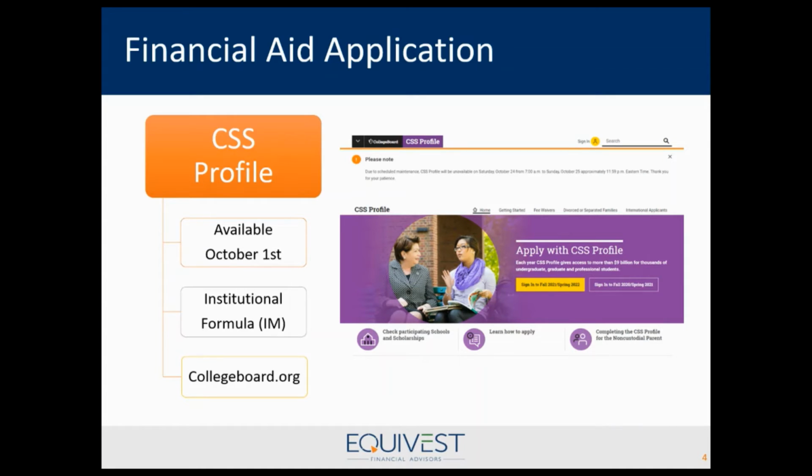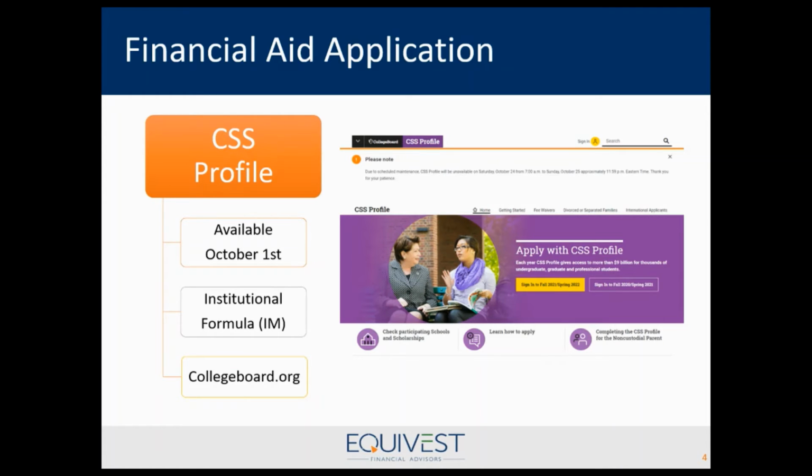While not as common as the FAFSA, the CSS Profile is used by almost 400 schools. If your student is planning to attend a CSS Profile school, it's important to know that you're going to have to complete the CSS Profile in addition to the FAFSA, not instead of the FAFSA. Unlike the FAFSA, the CSS Profile is not free. You have to pay a filing fee for each school that you submit it to.